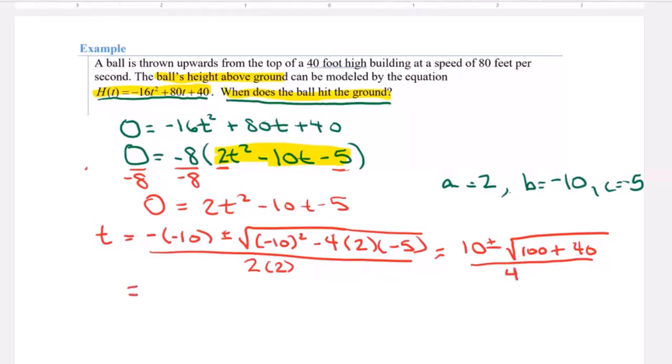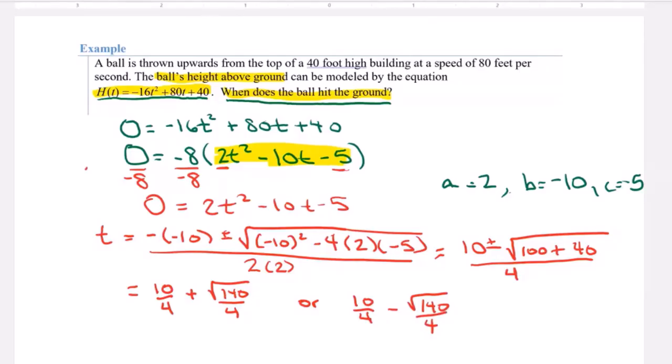And I can separate this into two fractions. I can say this is 10/4 plus the square root of 140 over 4, or 10/4 minus the square root of 140 over 4.